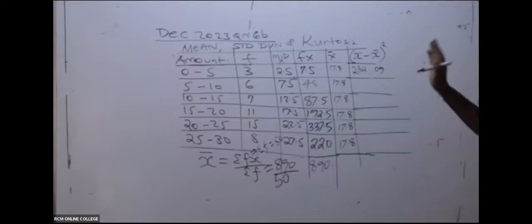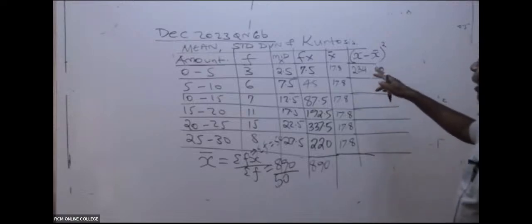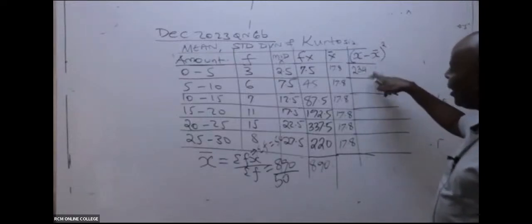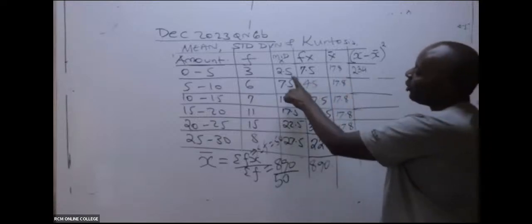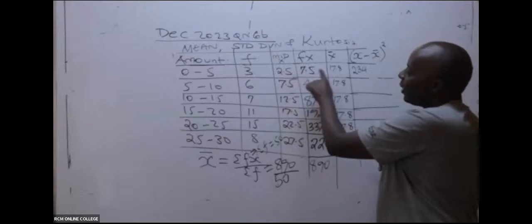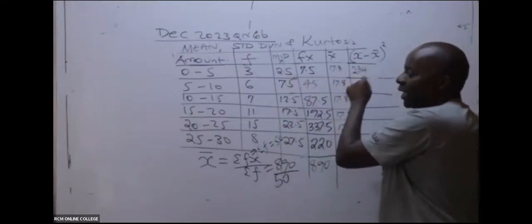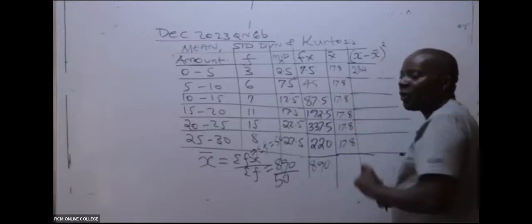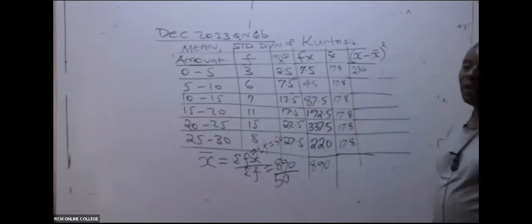Okay, so then we start afresh here. Will this be 234? Please, let's do this together. x minus x bar: 2.5 minus 17.8. Whatever we get, there is a square. What answer are we getting here? We start with the first one.